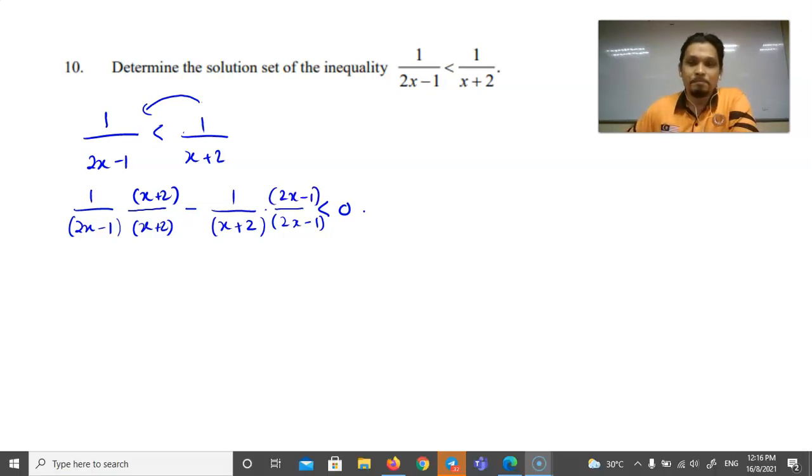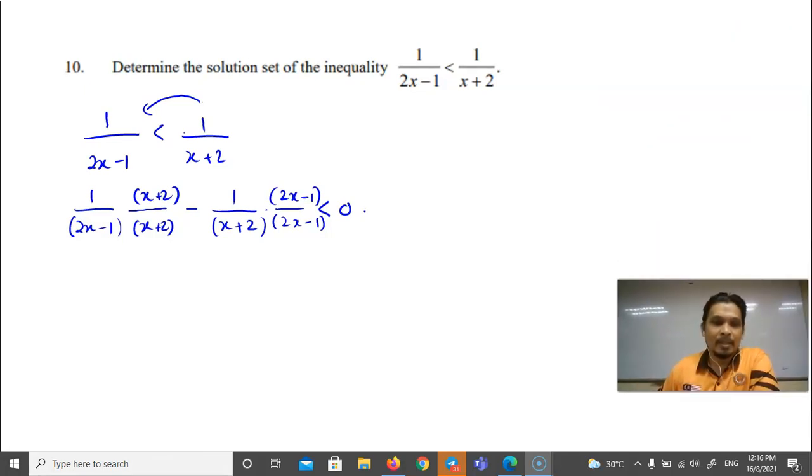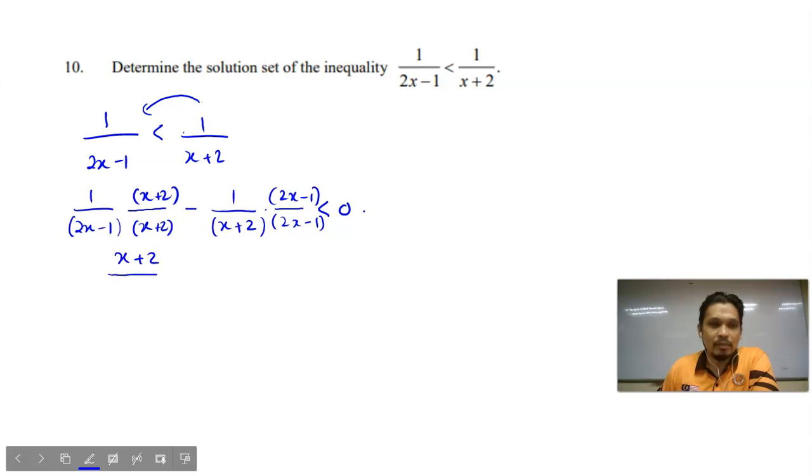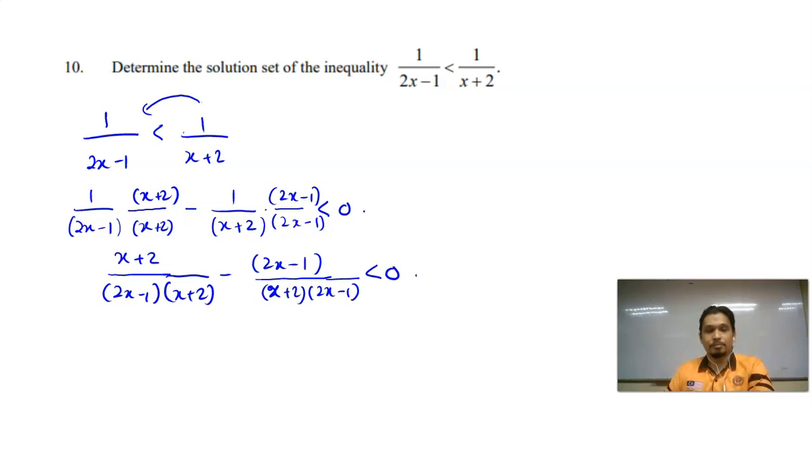Okay, now I rewrite this: x plus 2 divided by 2x minus 1 and x plus 2, minus 2x minus 1 divided by x plus 2 and 2x minus 1, less than 0.